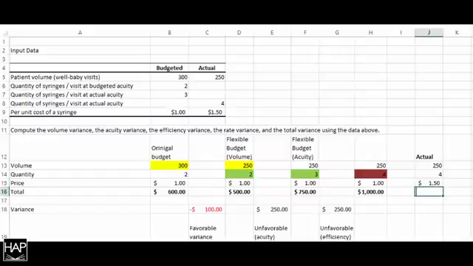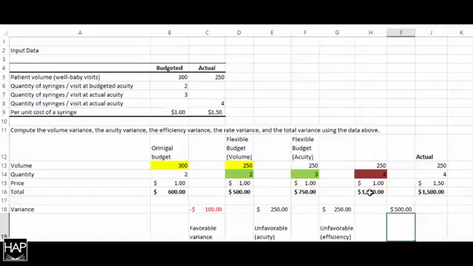So then we can figure out what the total is by multiplying the volume of patient visits by the number of syringes used per visit by the price per syringe, and then we get $1,500. So to figure out the variance for this, we take the $1,500 minus $1,000. We get a variance of $500, and this is again an unfavorable variance.